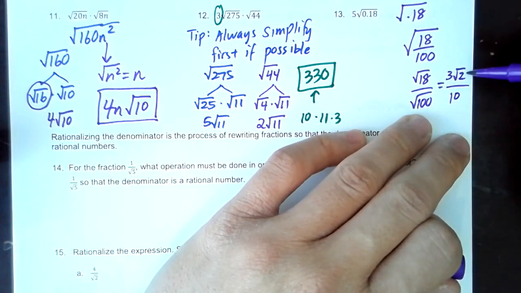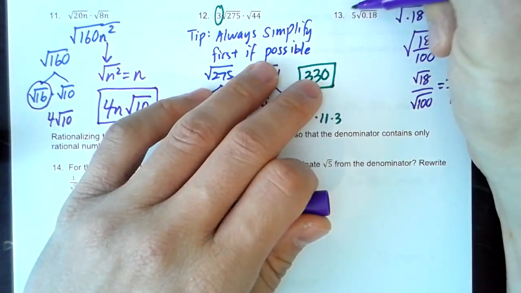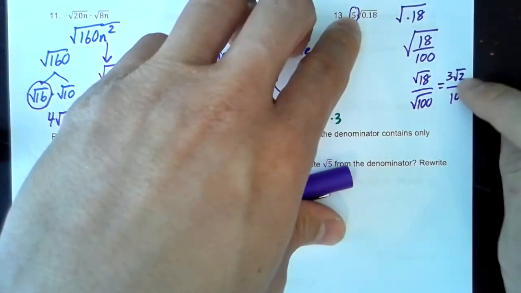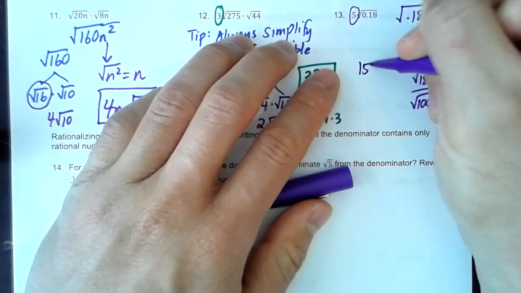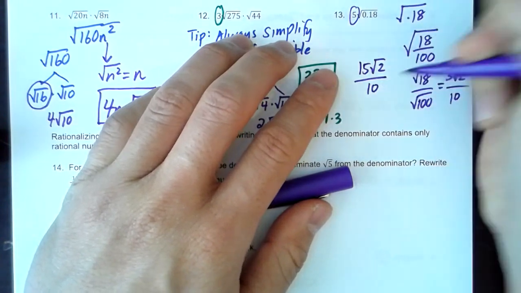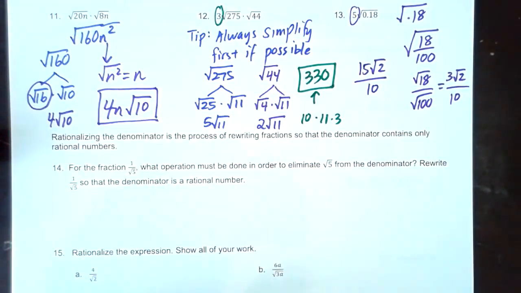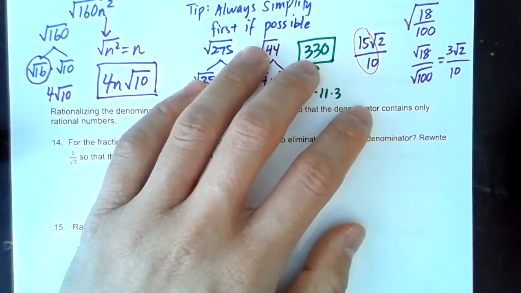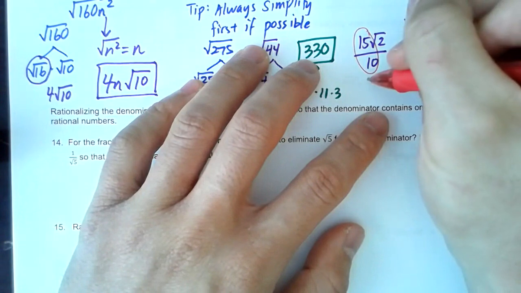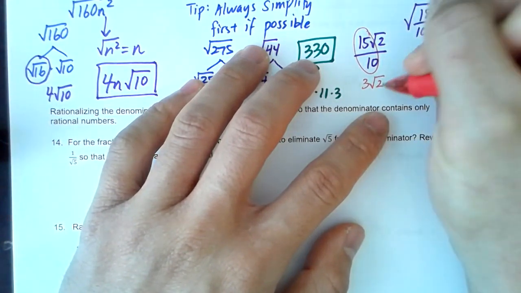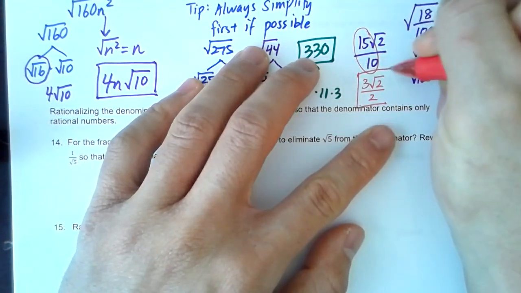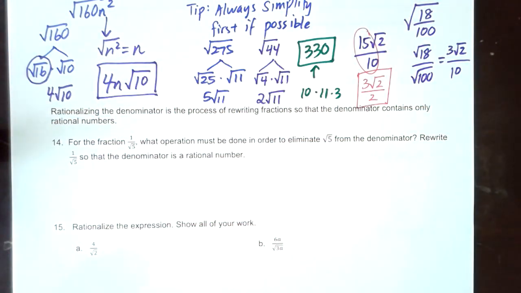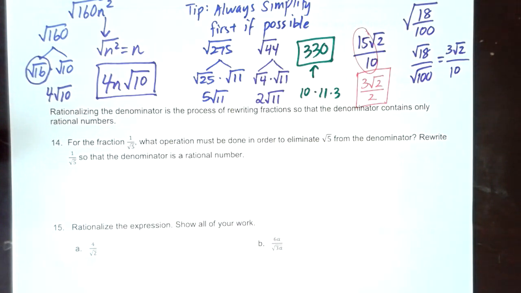And this is 3 root 2 over 10 times a 5 at the end, which ends up being 5 times 3 root 2, which is 15 root 2 over 10. But then the last step is you have to simplify that. 15 over 10 is not the final answer. It's just 3 root 2 over 2. These are really well-written questions, 11, 12, and 13. Tricky at times, but you just have to be comfortable.